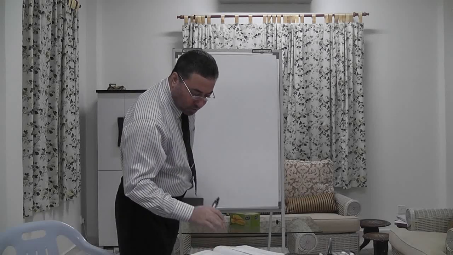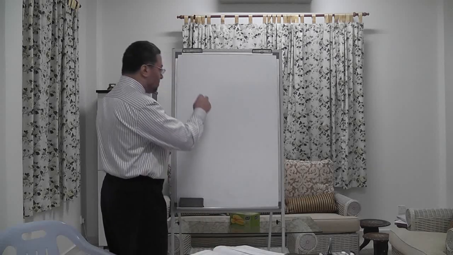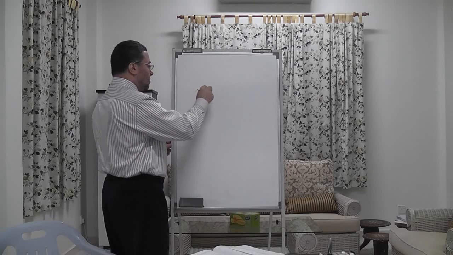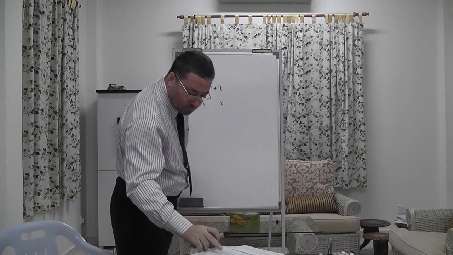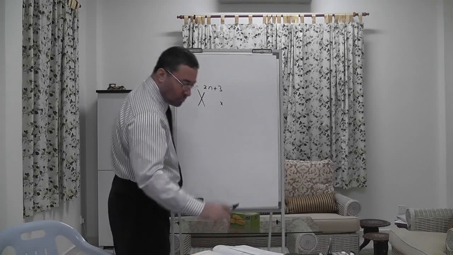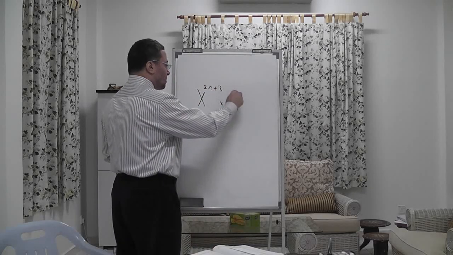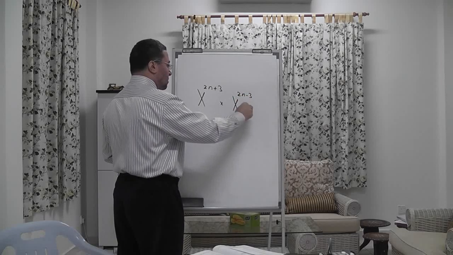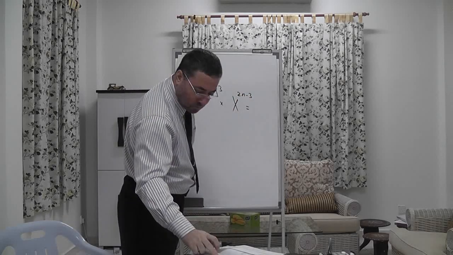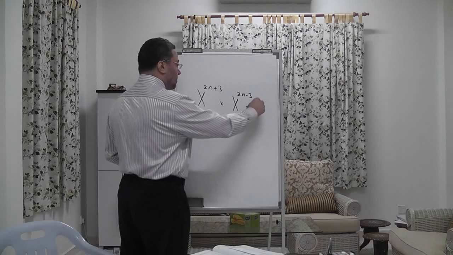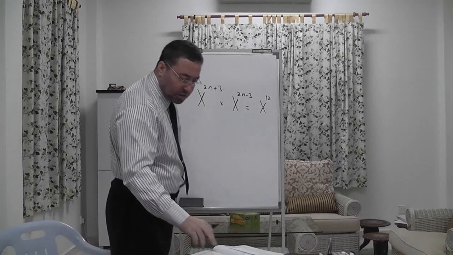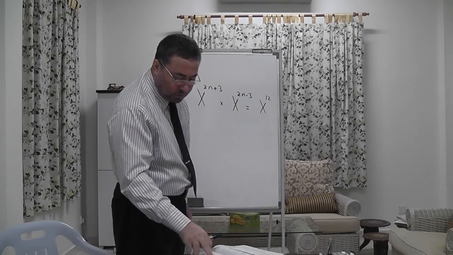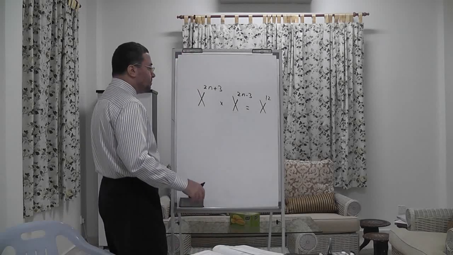Number 34. Here, the question says, find the value of n that makes each sentence true.